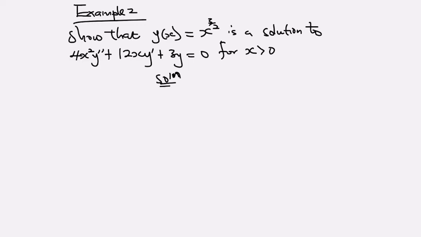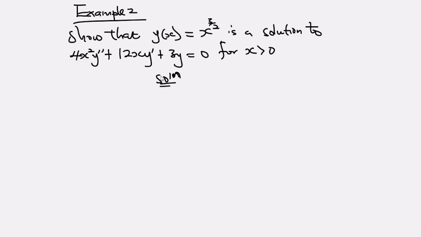In our second example here, we want to determine whether y of x equals x exponent 3 on 2 is a solution to the ordinary differential equation 4x squared y prime prime plus 12x y prime plus 3y equals 0.